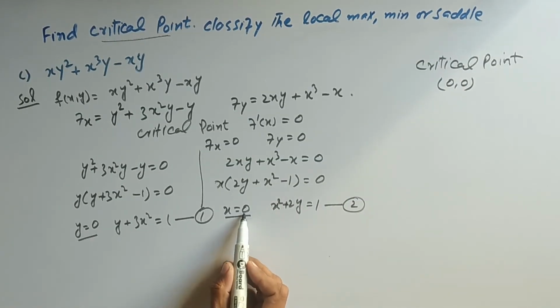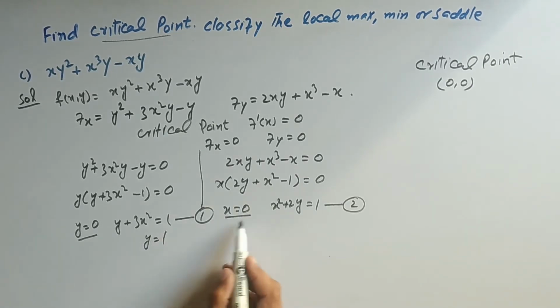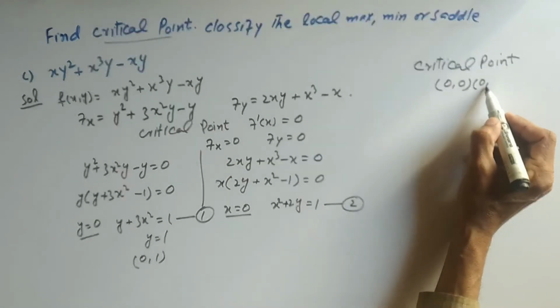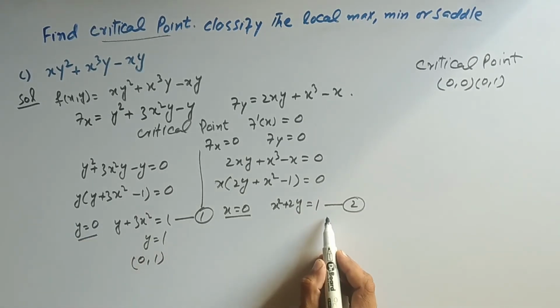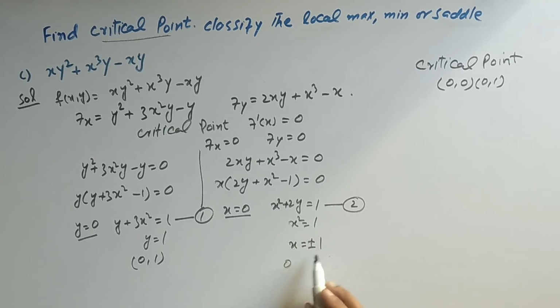Now if we take the value x equals 0 and put it in equation 1, then y equals 1, so 0, 1 will be a point. This will be the second point, 0, 1. When we take the value y equals 0 and put it in the second equation, x square equals 1, x equals plus or minus 1.